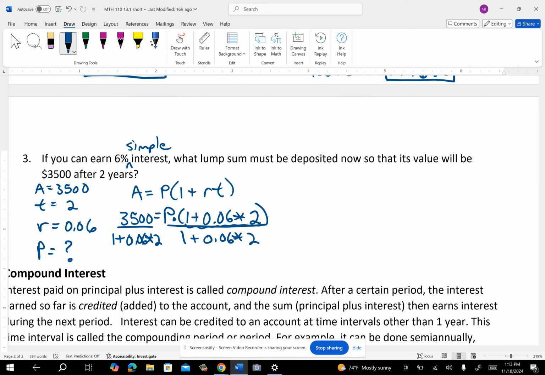So what I really have at that point is that my P would equal whatever 3,500 divided by 1 plus 0.06 times 2 is. You don't want to round off, but you might want to take a moment to calculate that denominator.